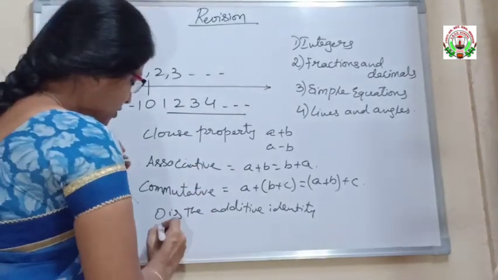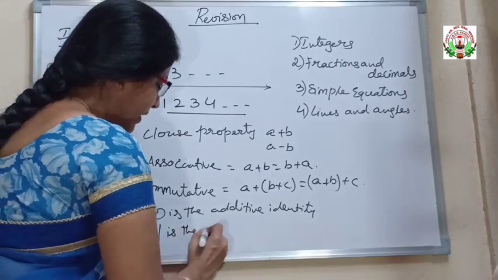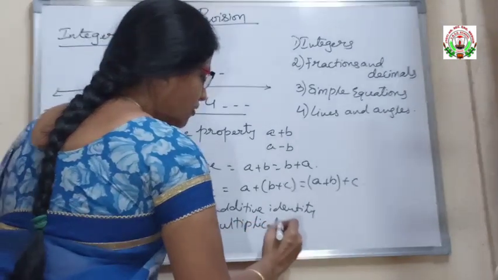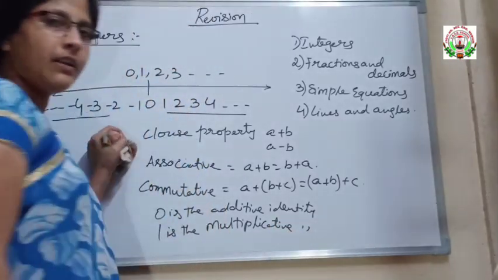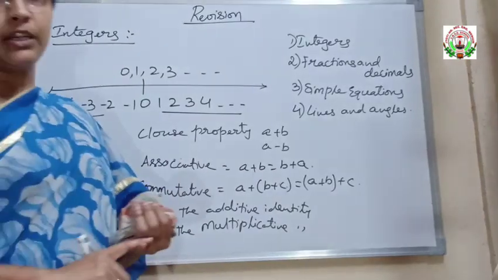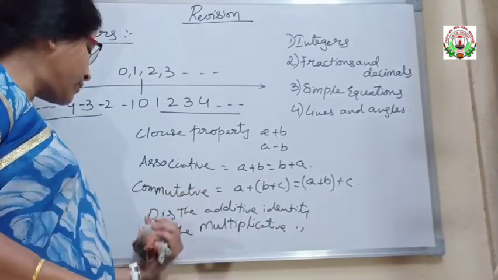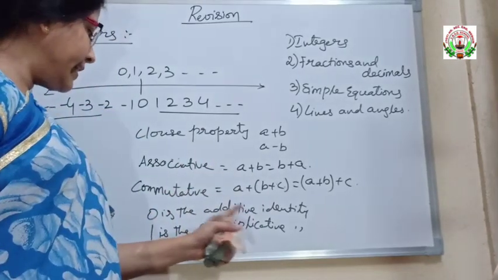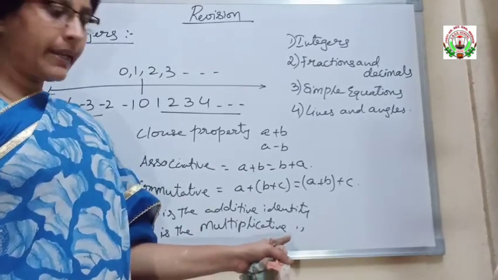Next, 1 is the multiplicative identity. When we multiply any integer, either positive or negative, with 1 we are going to get the same integer. So 0 is the additive identity and 1 is the multiplicative identity.